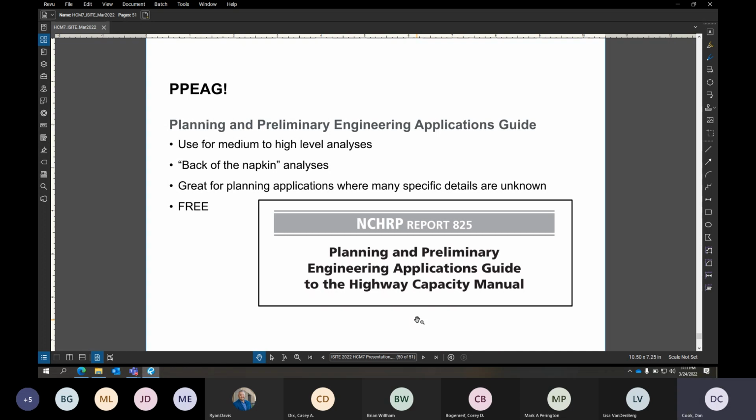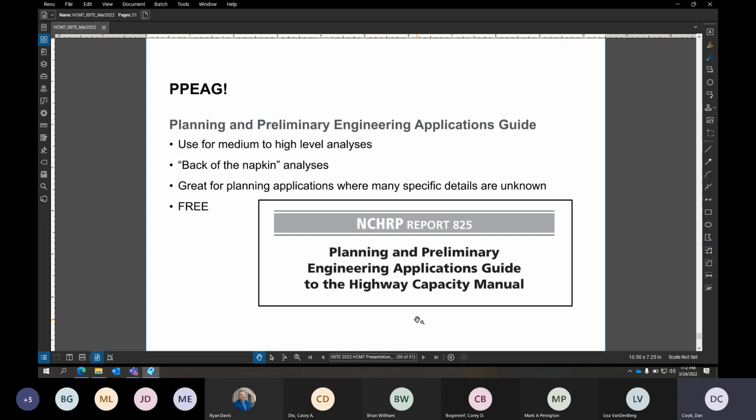I like calling them back-of-the-napkin type analyses, where you don't need to do a full-blown HCM analysis for every traffic analysis that you do. A lot of times these planning level applications are great for the work that you need to do. So I just wanted to advertise this again. This is free. You can download it from NCHRP. It's also on the HCM Volume 4 website.